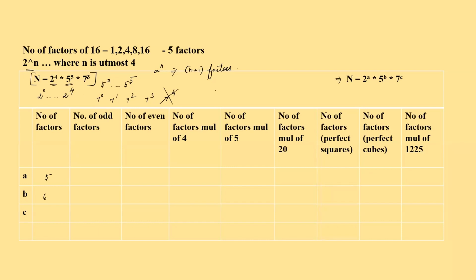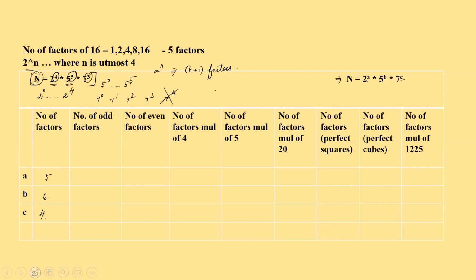So for this number N, the factors in terms of 7 power n range from 7 power 0 to 7 power 3. How many factors are available? There are 4. If you see here, the value of A can go from 0 to 4, so it can take 5 values. The value of B can take 0 to 5, so 6 values. The value of C can take 0 to 3, so 4 values.